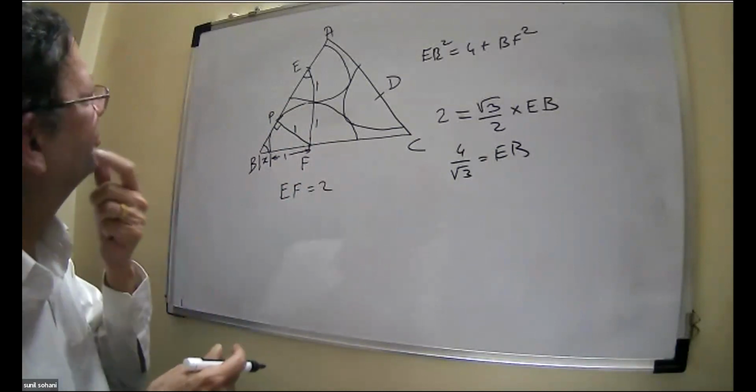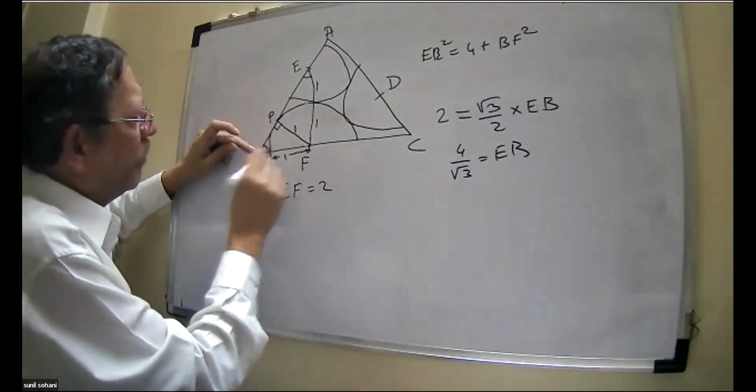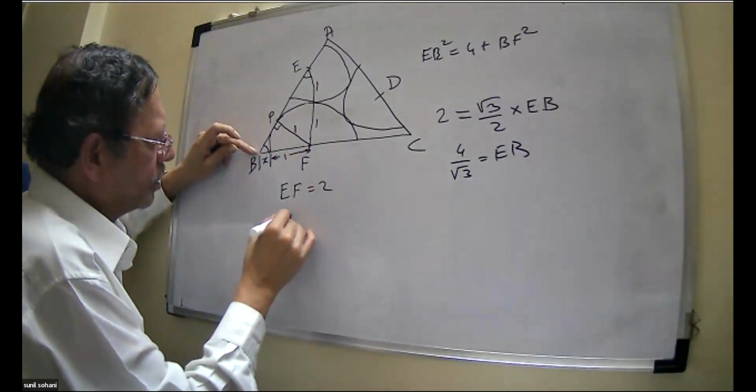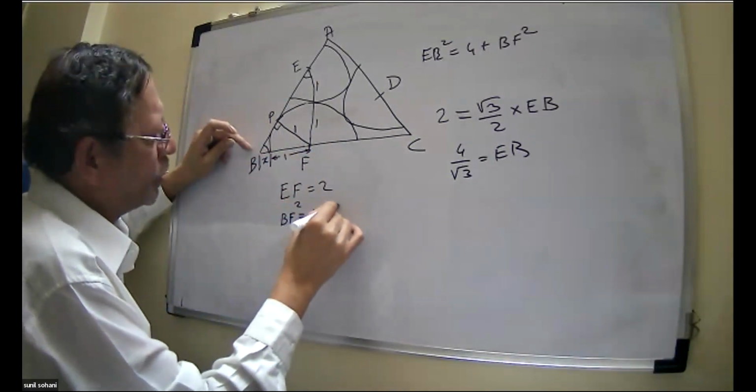So in the triangle BFP, we have BF as the hypotenuse, which is equal to PF square, 1, plus PB square.